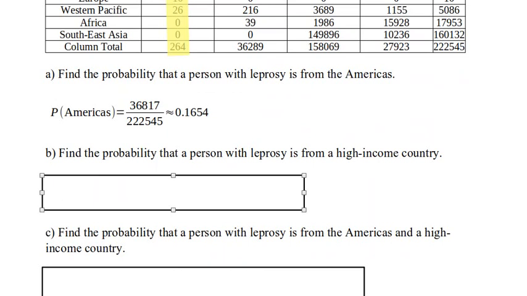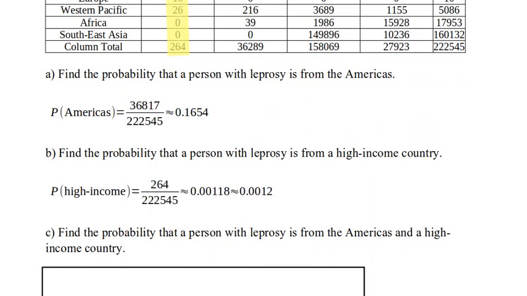So this probability is 264 out of the total 222,545. When you do that arithmetic and round to 4 decimal places, you get about 0.0012. So if we said that correctly, let's see, that is what? Tenths, hundredths, thousandths, 10,000ths, 12 10,000ths.